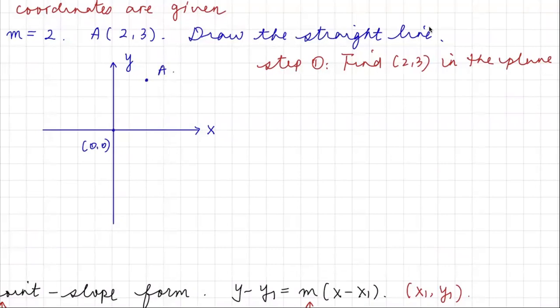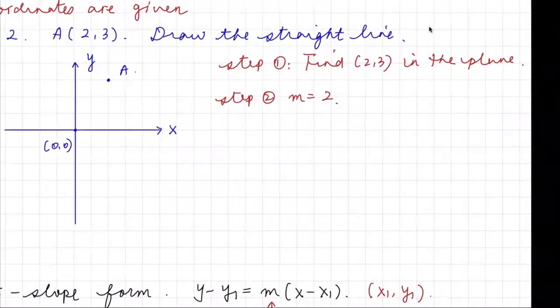Easy like that. Now we need to use the slope information. Step 2: we know that the slope is equal to 2. In order to use the slope information, we need to write the slope in the form rise over run. What does that mean?